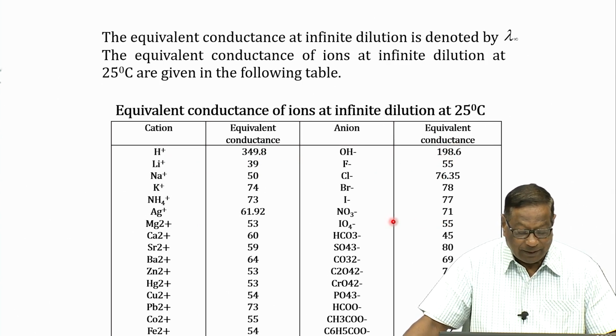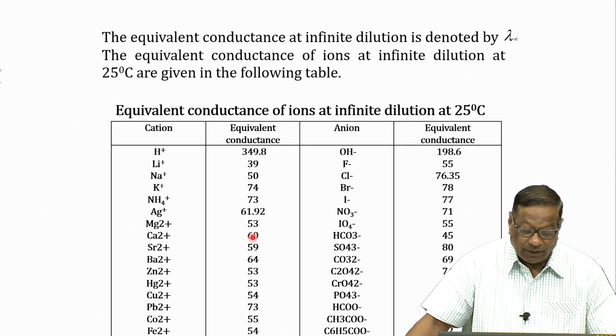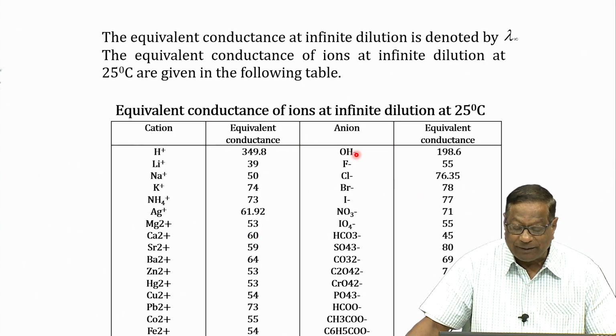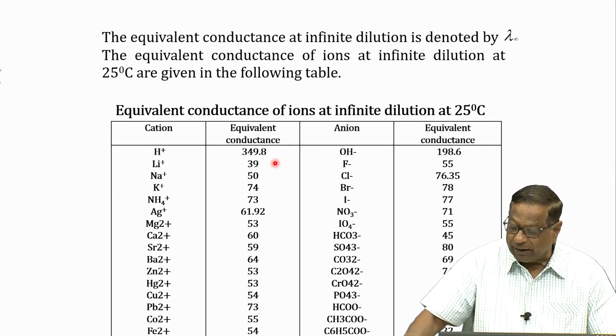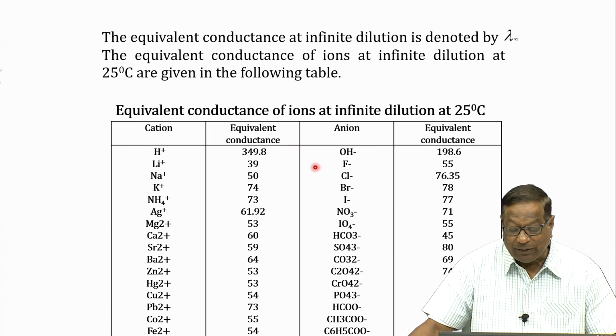You can see that there is not much difference between the equivalent conductance of ions, whether it is anion or cation, except for this H plus and OH minus. So, all acidic solutions containing H plus will show very high equivalent conductance, and alkaline solutions also will show high, but it will not be as much as acidic solutions.